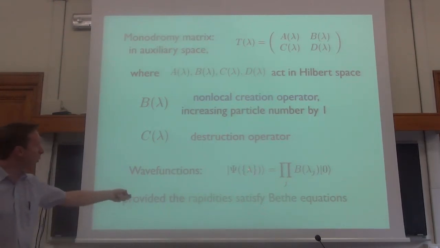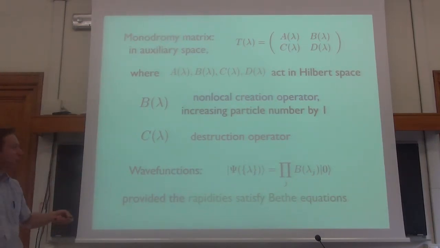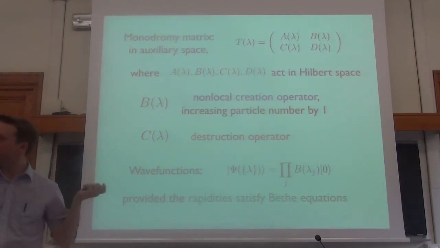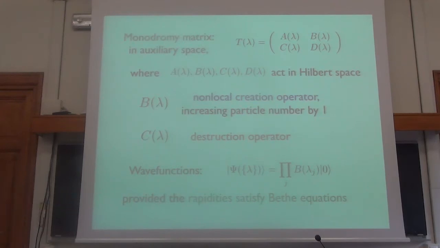So now our Bethe wave functions, which were these factorially large sums over these free waves, within algebraic Bethe ansatz, we write it as a product of these raising operators acting on some pseudo-vacuum, okay, some reference state, it's called. Now, in the case of the Bose gas, this state here is just the state with no bosons, and this B operator is just a mess, okay? But it doesn't matter, because this is kind of cool.